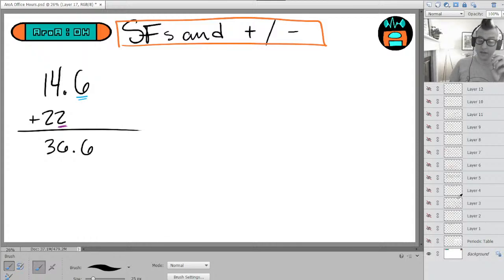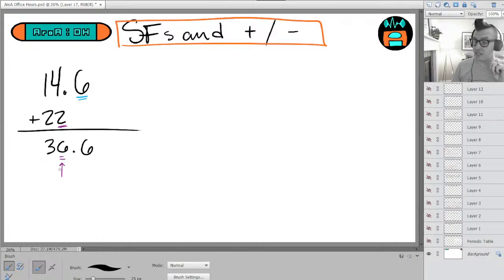All right? Now, the rules for addition and subtraction are that our answer must have the same precision as the least precise number. 22 is less precise because its last significant digit is further to the left. 14.6 is further to the right, which makes it more precise. So because 22 is less precise, our answer must have its last significant digit in the same place as 22.